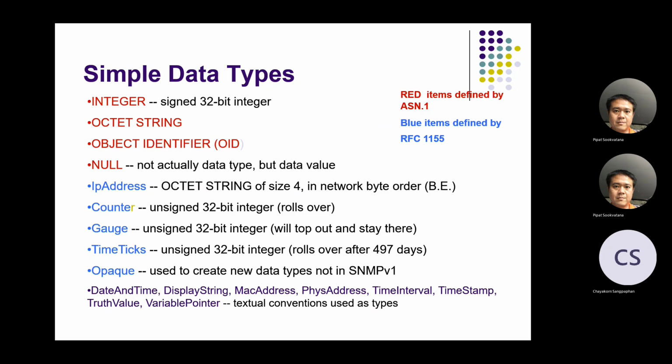And we have other types, like the IP address, which is an octet string variable. We define counter, unsigned integer, and so on and so forth, as data types.